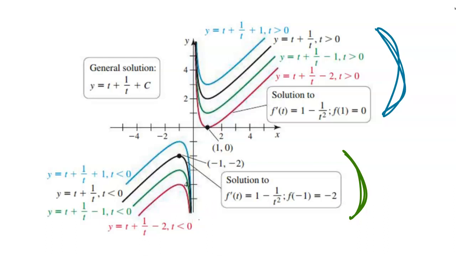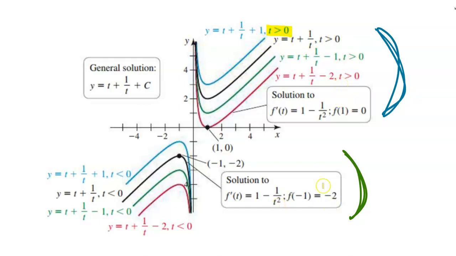Because of this, we can have differences in the constraints. So as you see in our blue top here, with our first initial condition, f of 1 equals 0, we would have the constraint that t has to be greater than 0 every time.